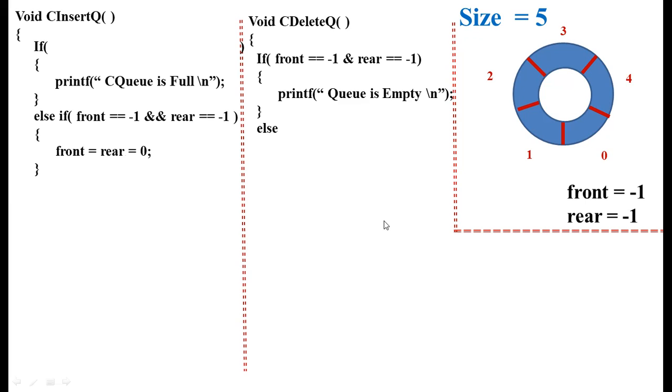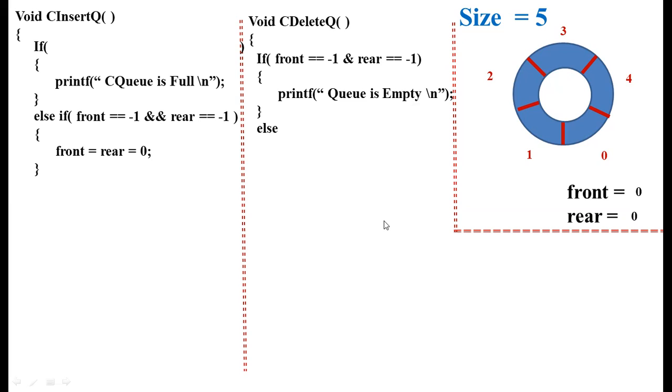So the front and rear values must be made 0. The front will be pointing to 0 and the rear will be pointing to 0.